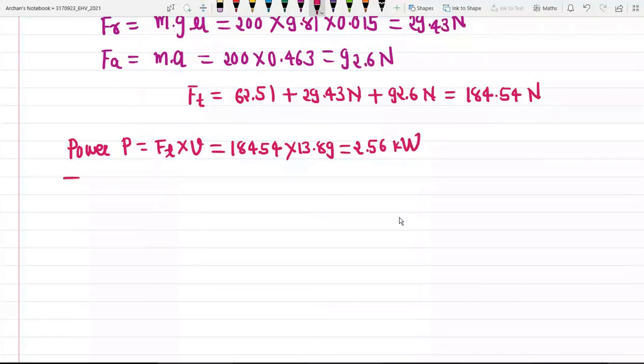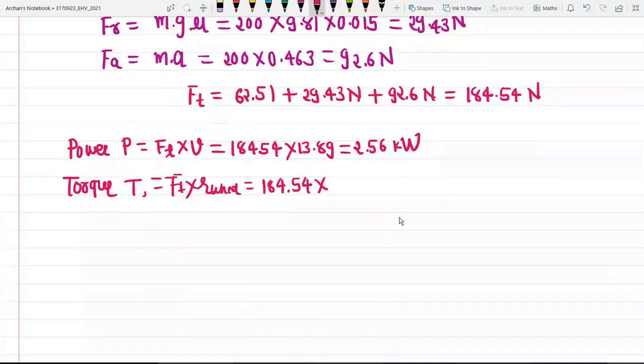And the torque requirement will be Ft into radius of wheel. So 184.54 multiplied by 0.28 will give us the torque, 51.67 Newton meter.